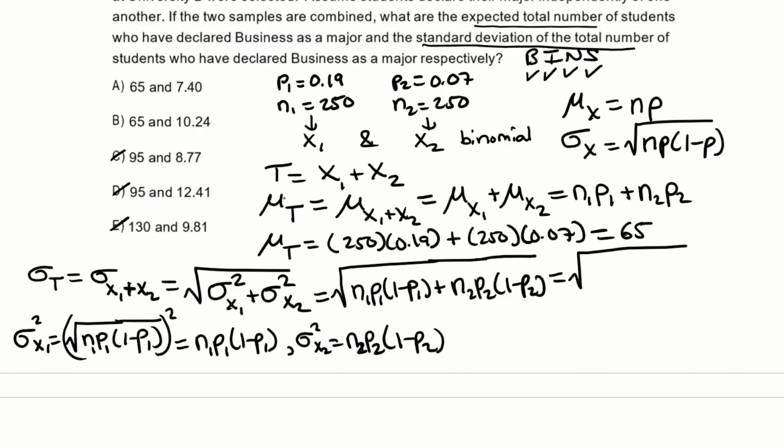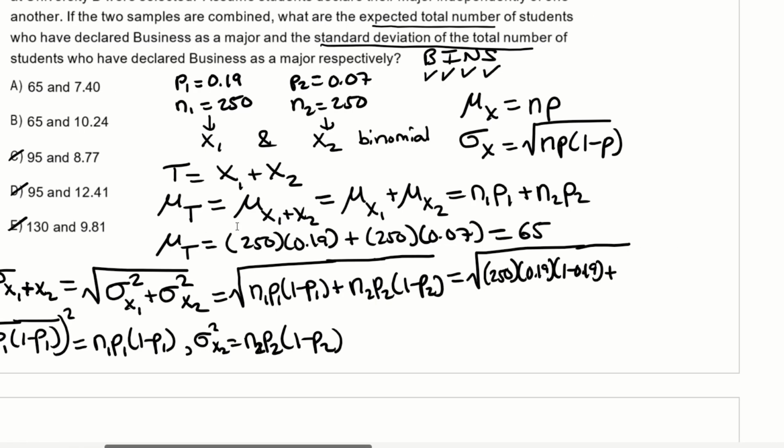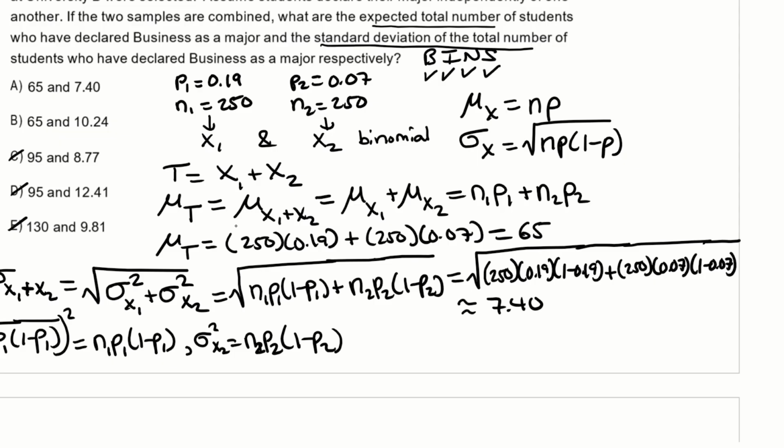So n1, p1: 250 times 0.19 times 1 minus 0.19, plus n2: 250 times p2, 0.07, times 1 minus 0.07. Barely fit it in there. Do that calculation, and you get about 7.40. So the answer has to be A, it cannot be B.